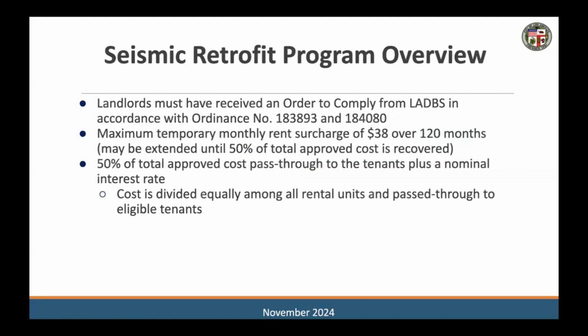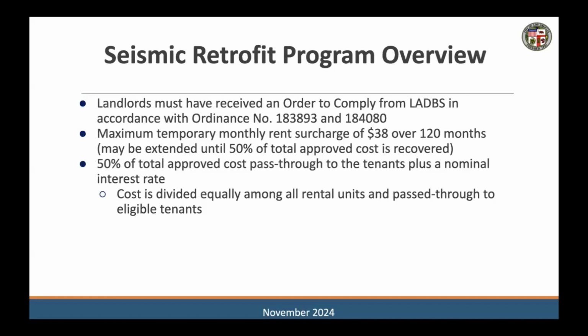Seismic retrofit program overview. The landlords must have received an order to comply from the Los Angeles Department of Building and Safety (LADBS) in accordance with Ordinance number 183893 and 184080. Maximum temporary monthly rent surcharge of $38 over 120 months.